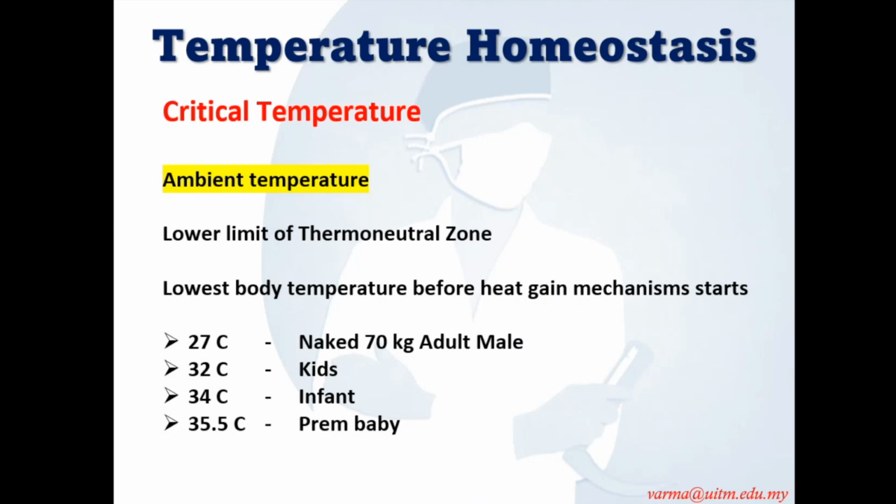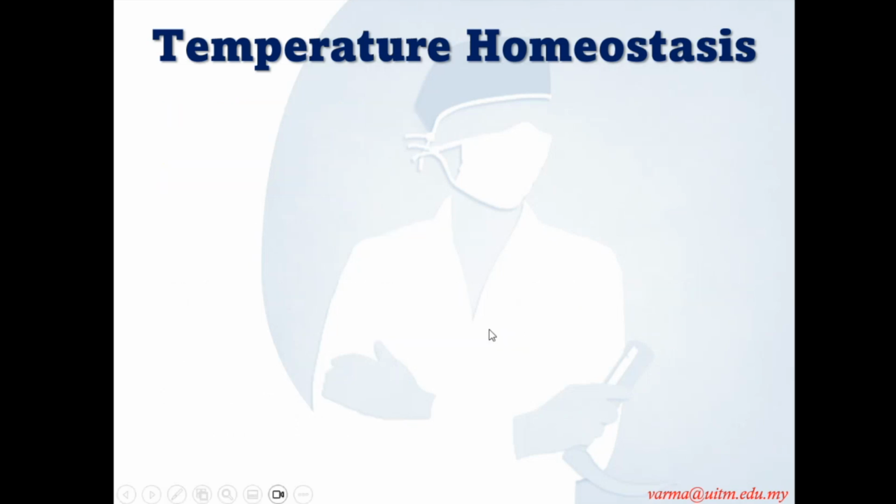That is why, for babies who come to the OT, especially premature babies, neonates and small children, we wrap them properly to make sure they don't lose heat at all. Because the moment the thermoregulatory mechanism gets activated, they're going to use up more oxygen, with the basal metabolic rate going high, which is not good for homeostasis.